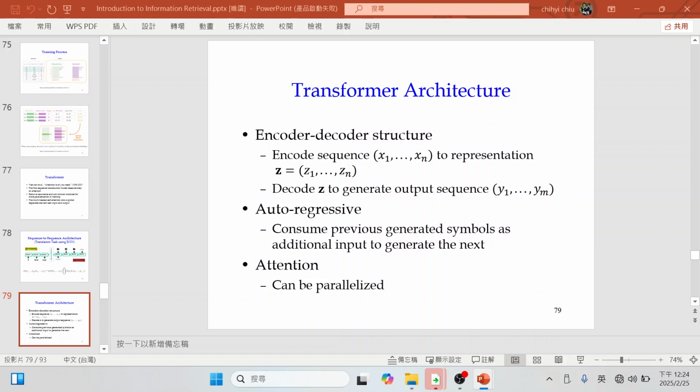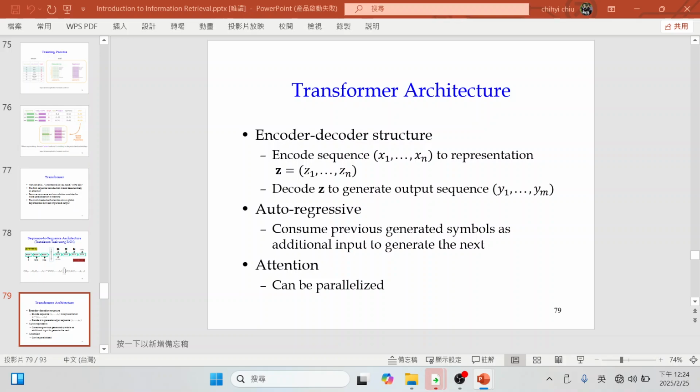Okay, so the transformer also follows the encoder-decoder structure. Your encoder encodes the sequence from S1 to Sn into a representation Z, and then you decode the representation Z to generate your output sequence Y1 to Yn. It's the same as the previous slides.